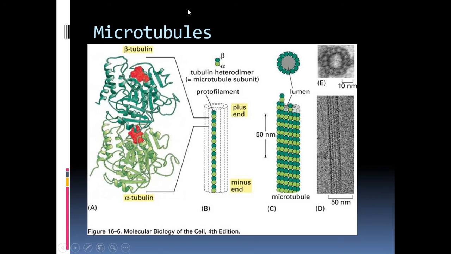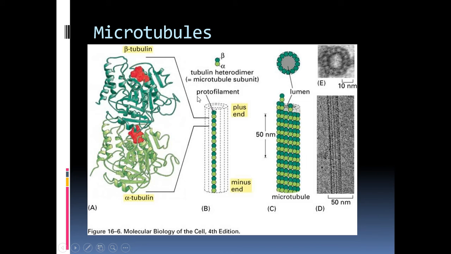So if you look in the diagram, you can see that the microtubule is made up of 2 types of protein known as the alpha tubulin and beta tubulin. The alpha and beta combine to form a dimer. A dimer is actually a double molecule, right? A double molecule like you see here. And the dimers are then joined end to end to form a long structure known as the protofilament.